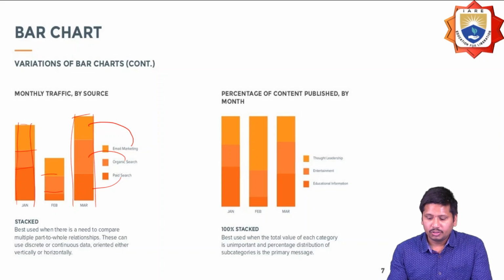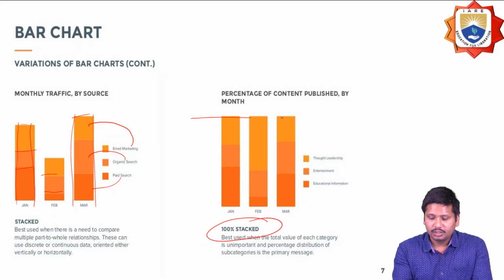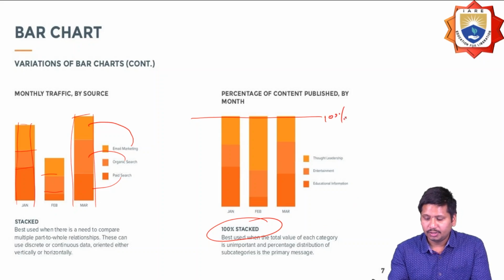And when it comes to the 100% stacked bar chart, the bar size should always match 100%, and it is useful for showing the percentage distribution of subcategories.